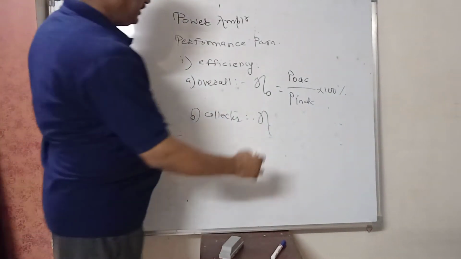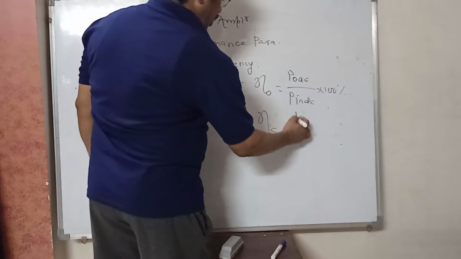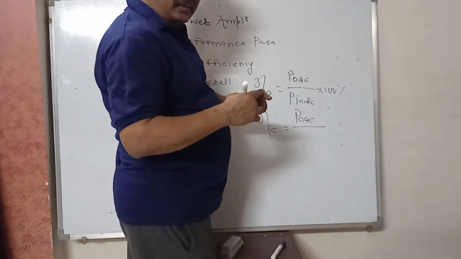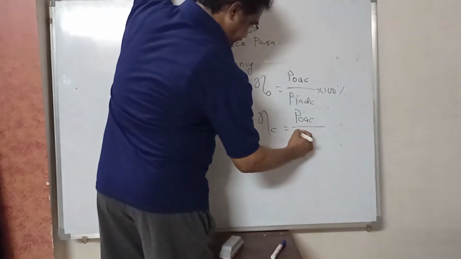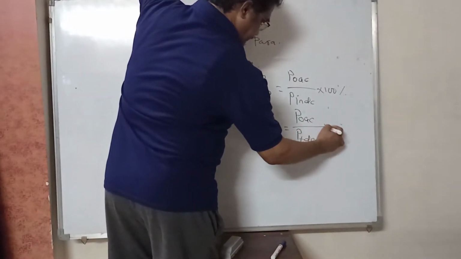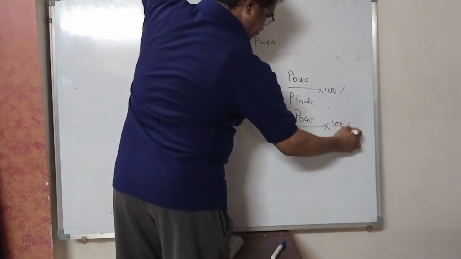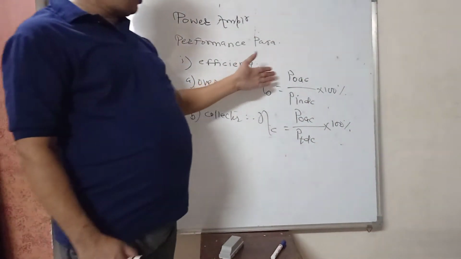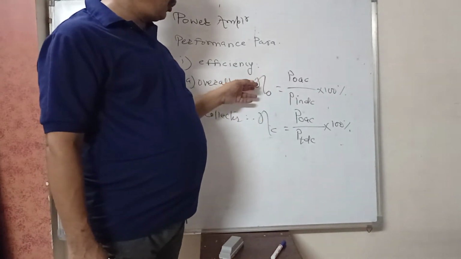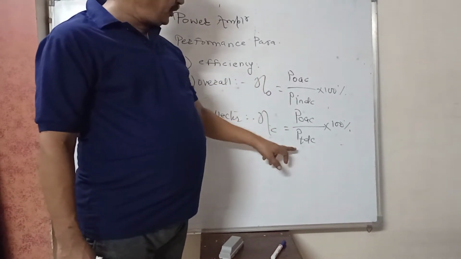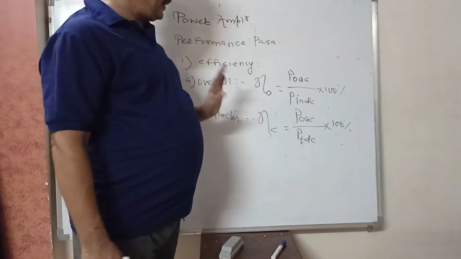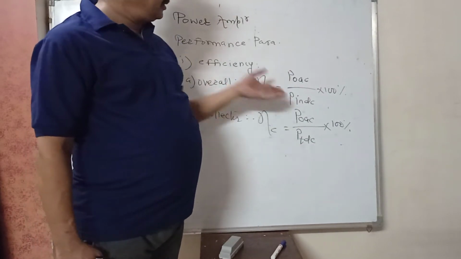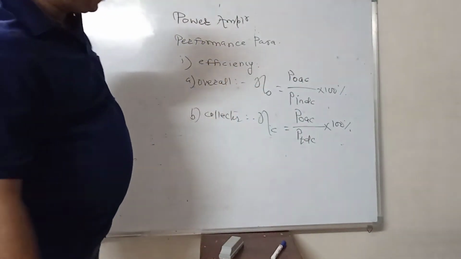Notation for efficiency, C subscript. Output power upon dissipation of transistor. So there are two efficiencies. Output power upon input power is overall efficiency. Output power upon transistor dissipation is collector efficiency. What is output power, what is input power, what is transistor dissipation? It will be clear in coming article.